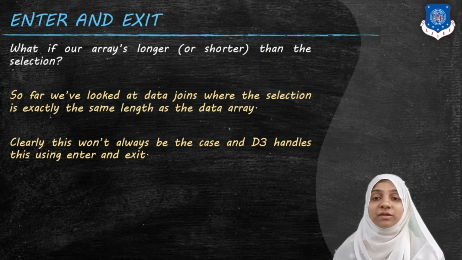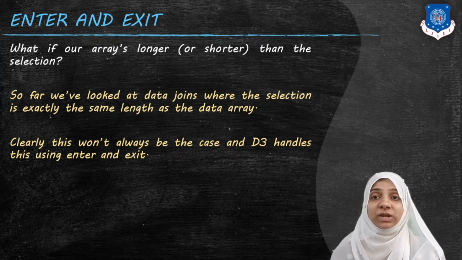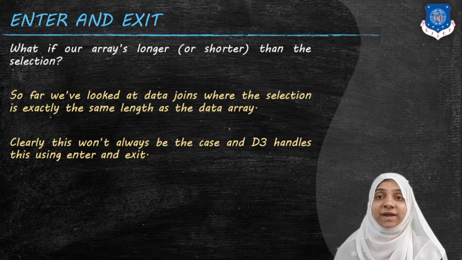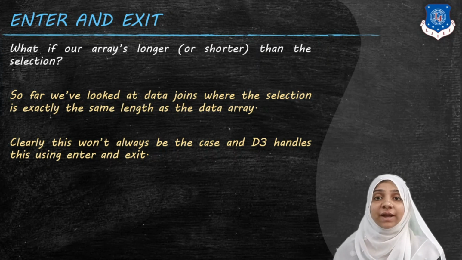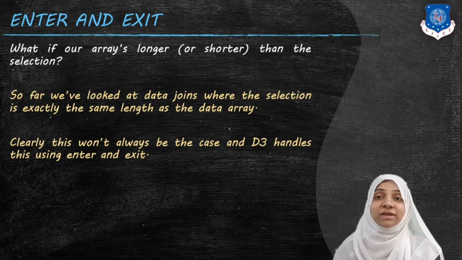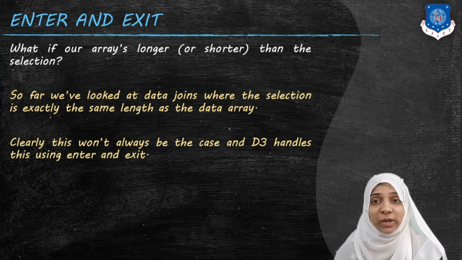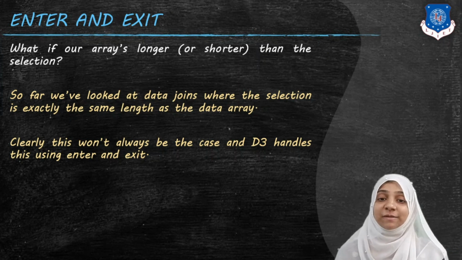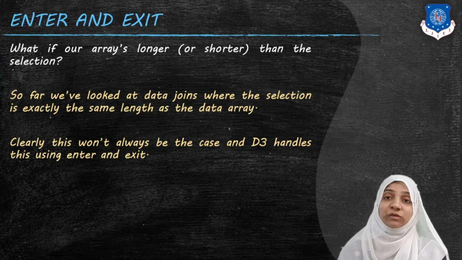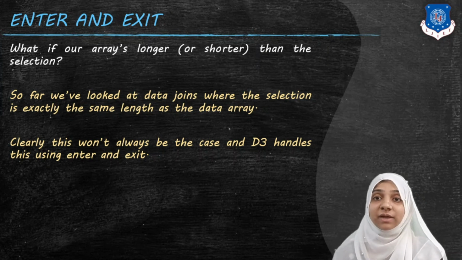Say for example there are more array elements as compared to SVG elements, say there are only 2 circles but data is for 5 to 7. Or data is very little compared to SVG elements, say we have tens of circles but data for only 2 elements.